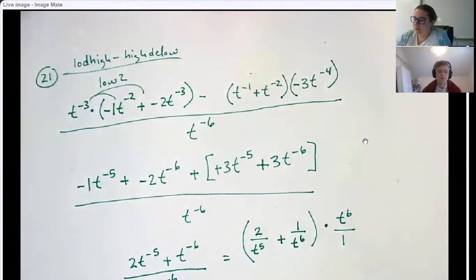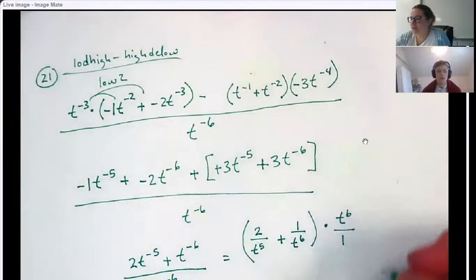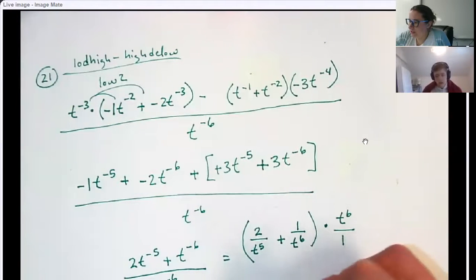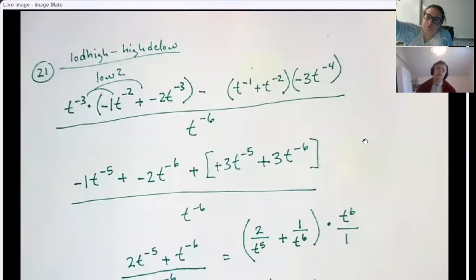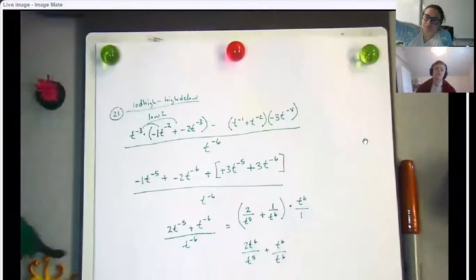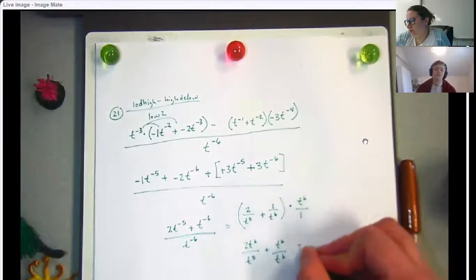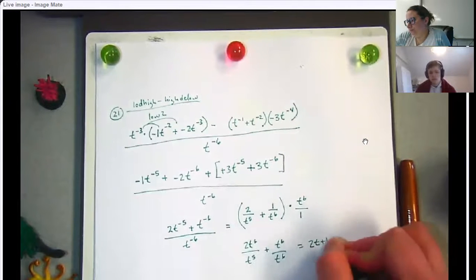So that becomes, if I distribute it, 2t to the 6th over t to the 5th plus t to the 6th over t to the 6th, which is 2t plus 1.